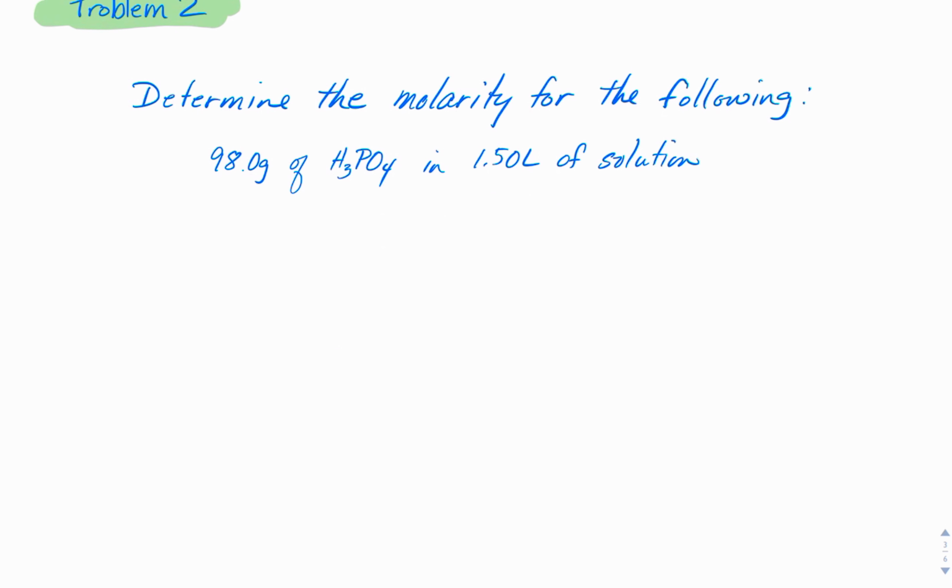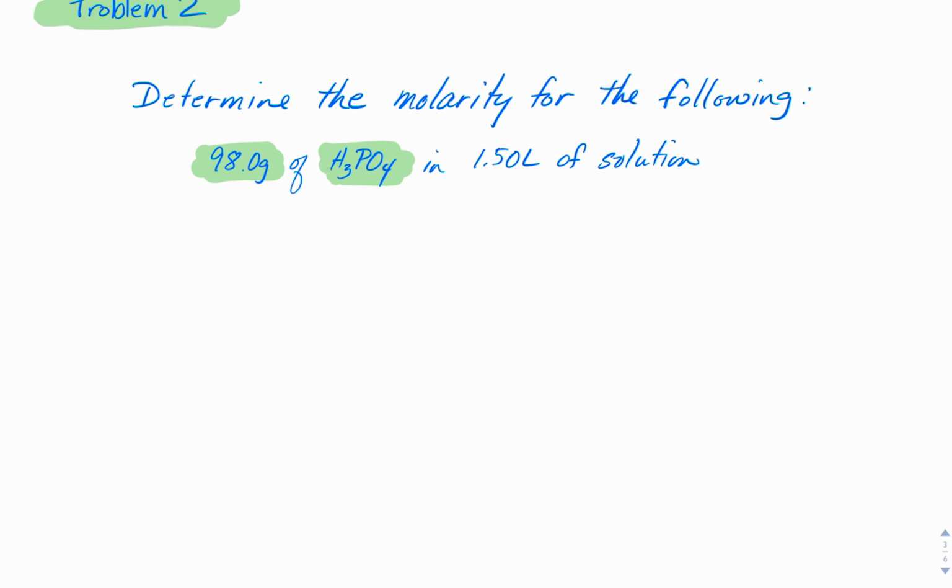In this one, it says determine the molarity for the following, where you have 98.0 grams of a solute called phosphoric acid in 1.50 liters of solution. Well, in this particular case, we've been given grams of a substance rather than moles.